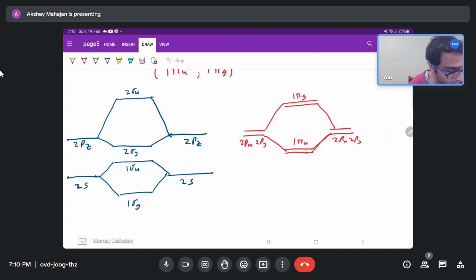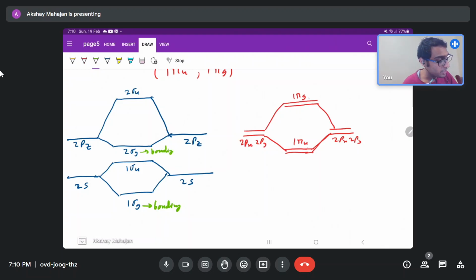Now, I have to point out that when you have sigma with g, that will be a bonding orbital. Sigma g's are bonding orbitals.